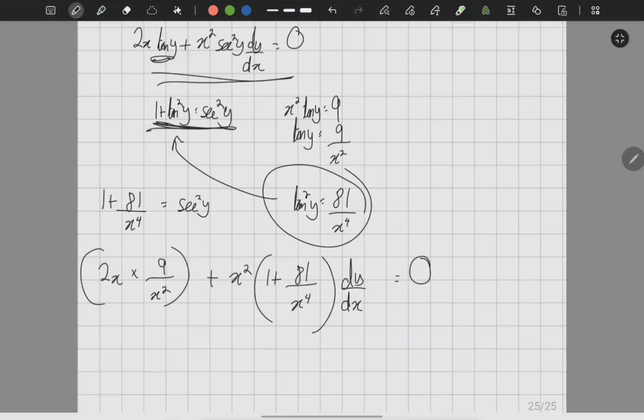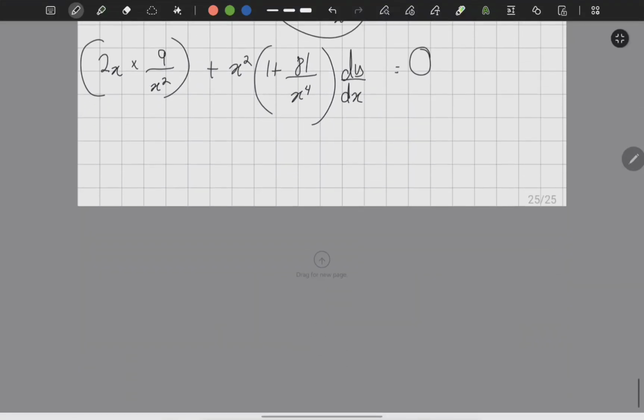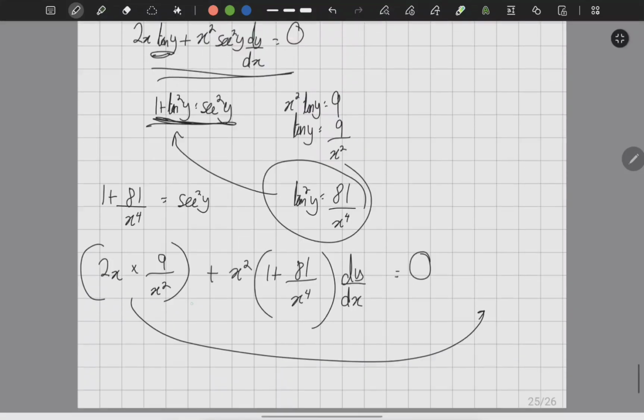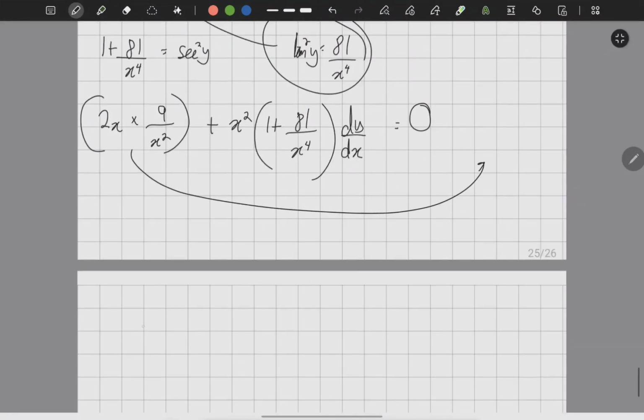Now if we move this to the other side, we have x squared, 1 plus 81 over x to the 4, dy over dx, is equal to minus 18 over x.